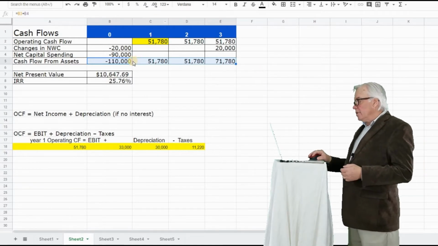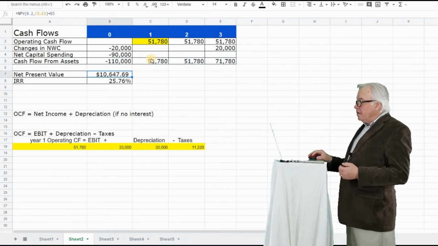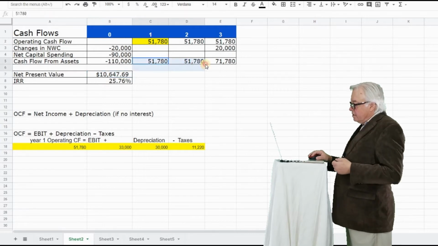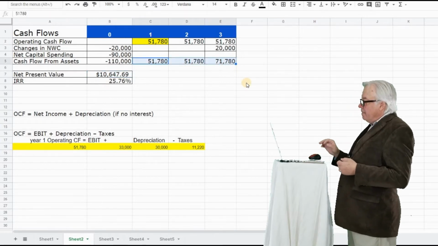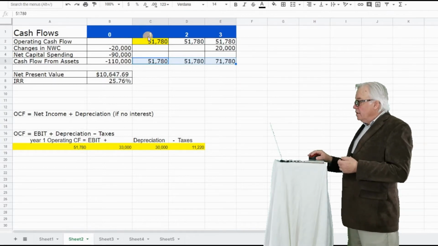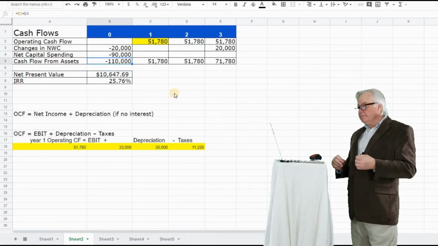We do a net present value on that differential cash flow. The analysis is the net present value of these three, period 1, period 2, and period 3. And then we're going to add back in that $110,000 that happened at the start.